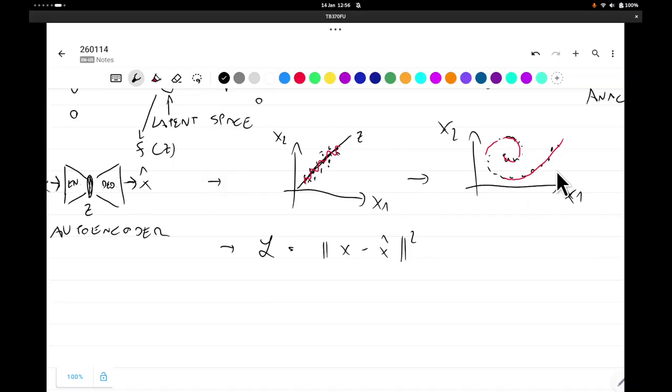So let's look at this example here. It makes sense to have a one-dimensional representation only if your data are actually distributed around a one-dimensional manifold plus some noise. So the key word here is noise, right?